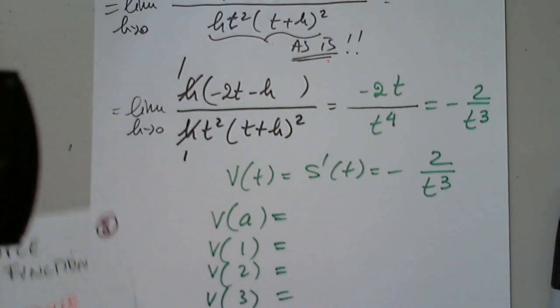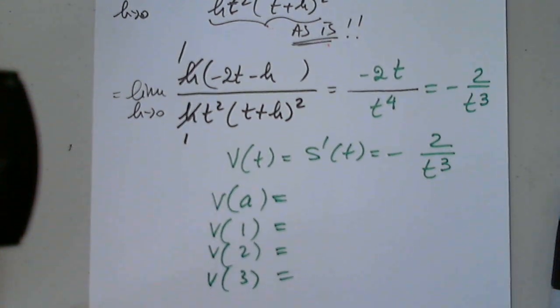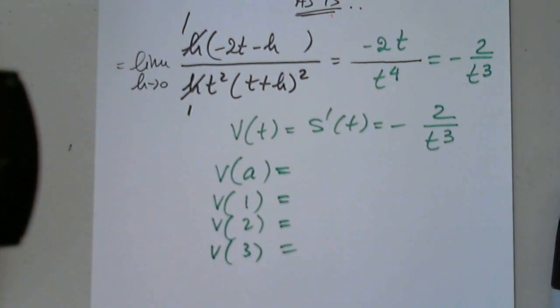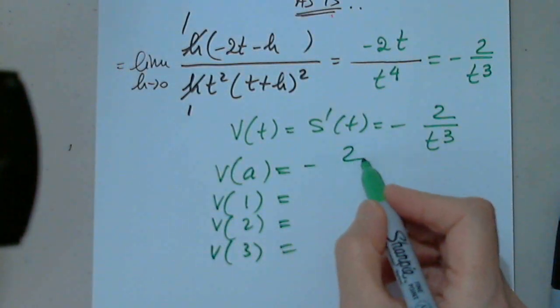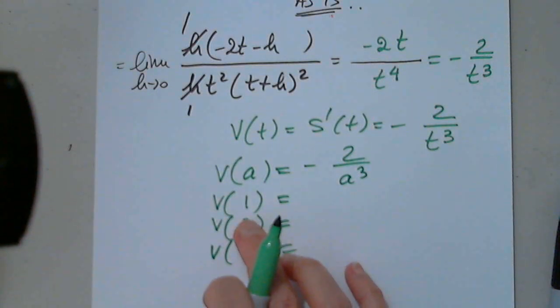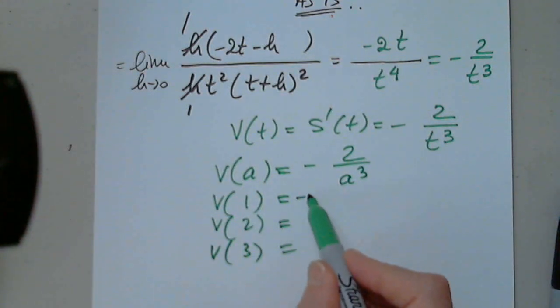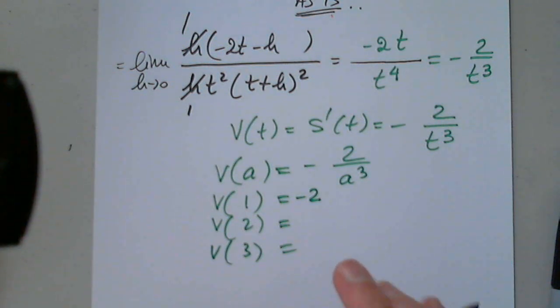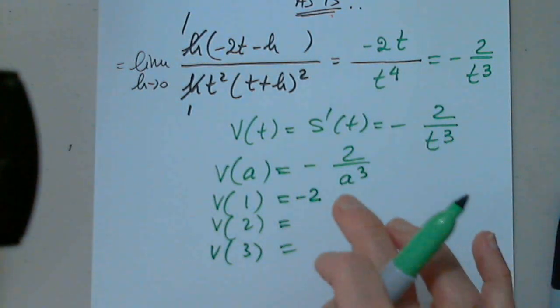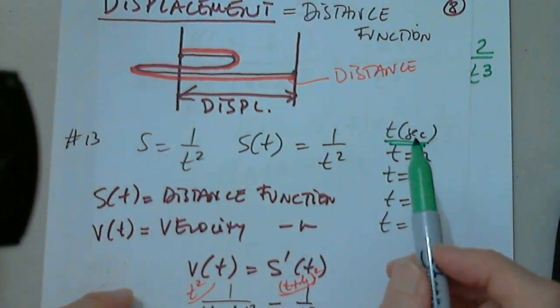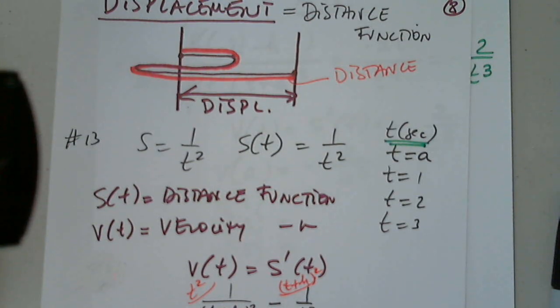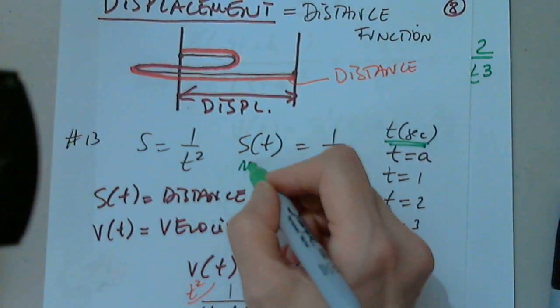Can anyone give us these? V of a is just -2 over a cubed, of course. V of 1 is -2. Good. Measurement unit now. Maybe you don't want to write it for a, but the measurement unit. Remember, this was in seconds, and let's check the distance. Meters. Okay, so this is in meters.